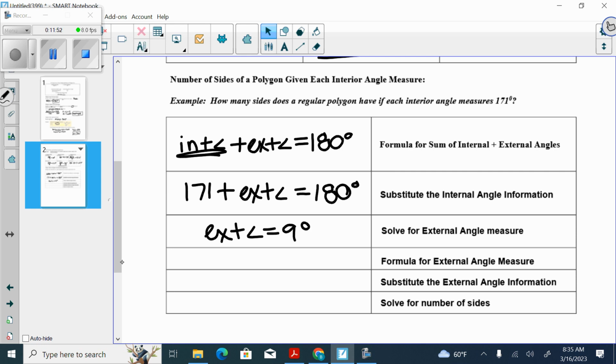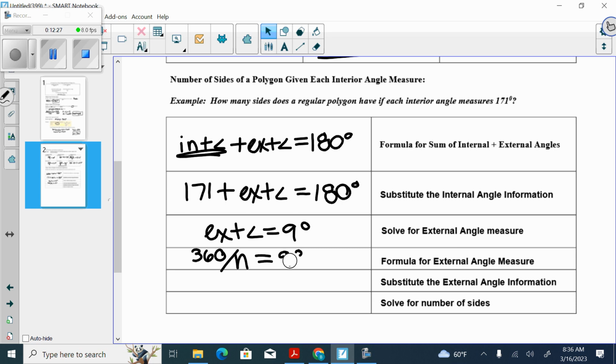Okay. And then to find the number of sides it has, we know that for the exterior angles, the sum is always 360, right? And to find one angle, we would divide it by what? The number of sides, which we don't currently know, right? But in this case, the exterior angle measures 9.